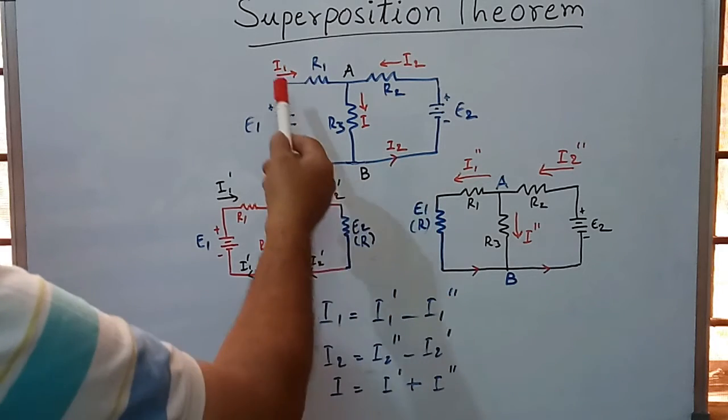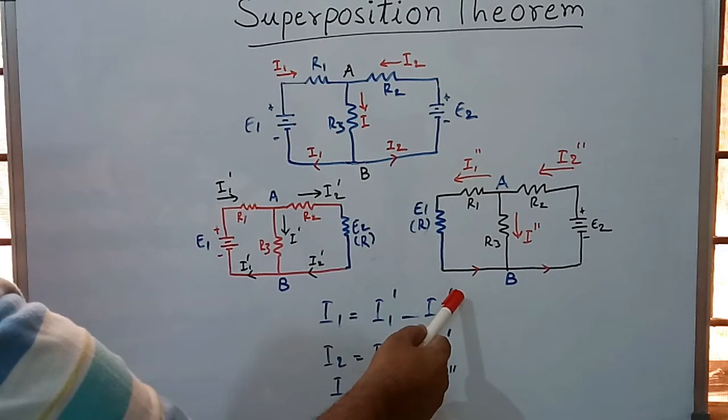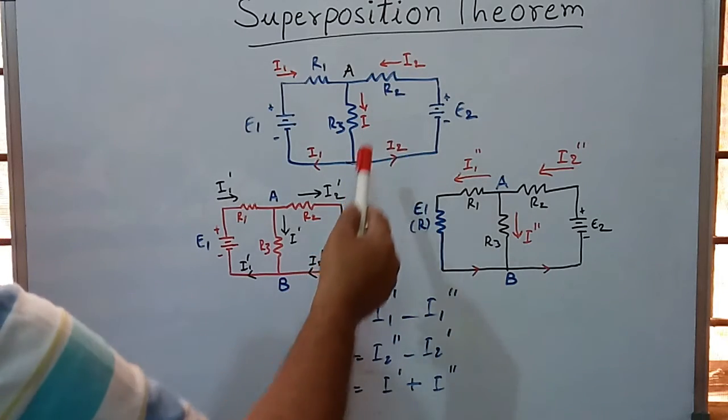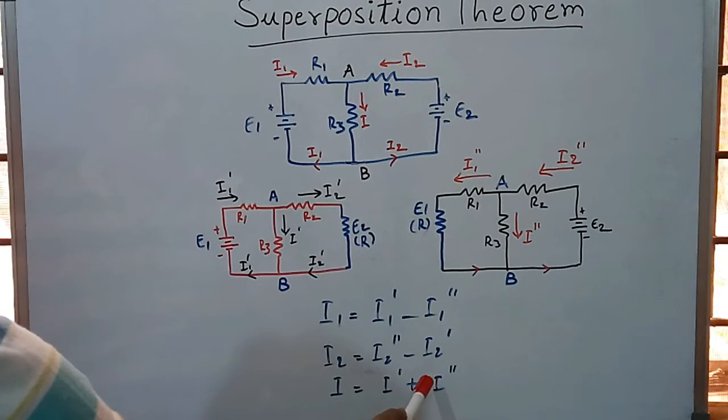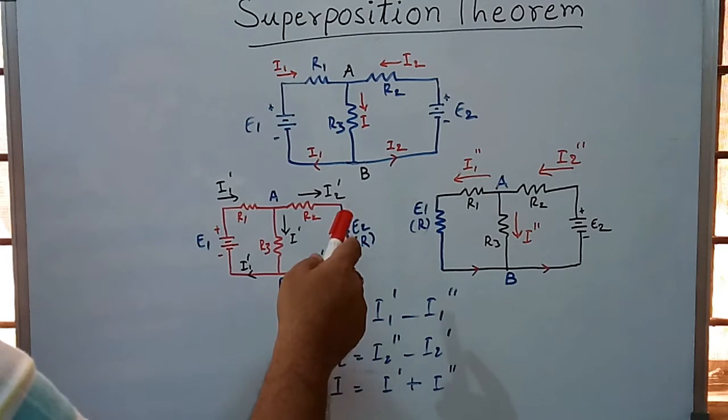The net result I1 is the algebraic sum of I1 dash minus I1 double dash. This is how I2 and I are calculated. We will look at an example.